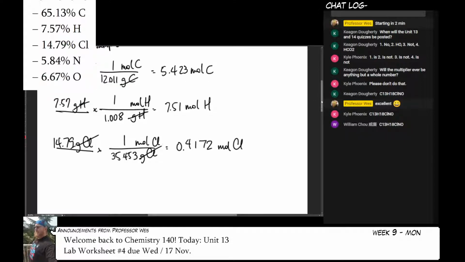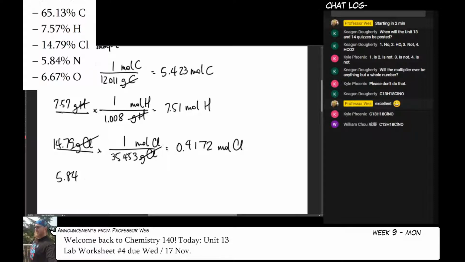So I got that. And then we'll do nitrogen. And nitrogen is 1 mole is 14.007 grams. And I get 0.417.